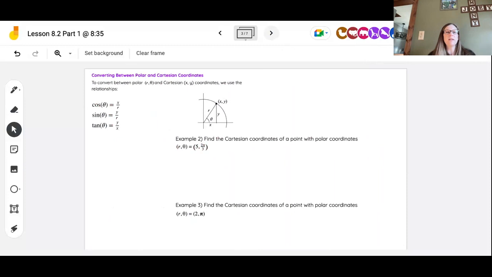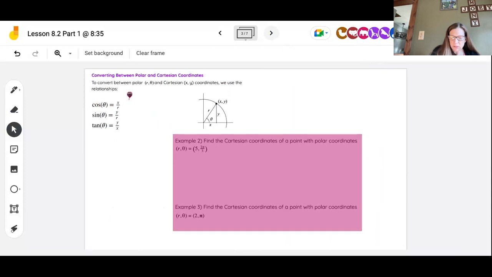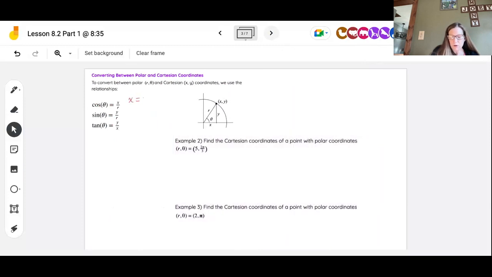So cosine, sine, and tangent is what I grabbed from what we define as cosine, sine, and tangent with respect to our 90-degree triangles. But I also know that if I wanted to solve each one of these for its specific variable, our top one, x, would be equal to r times cosine of theta.